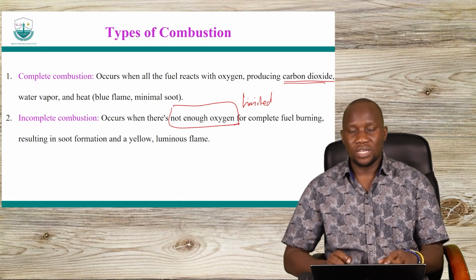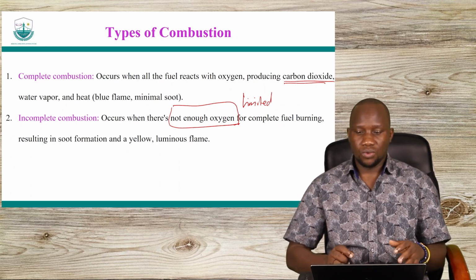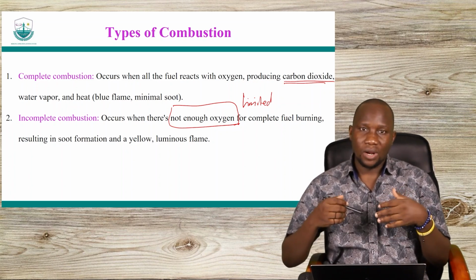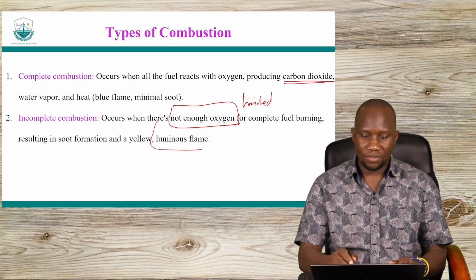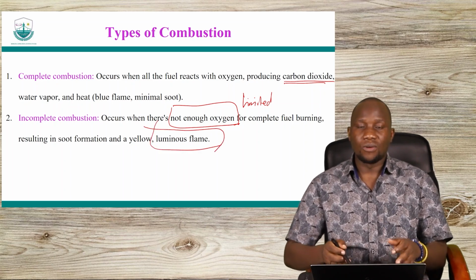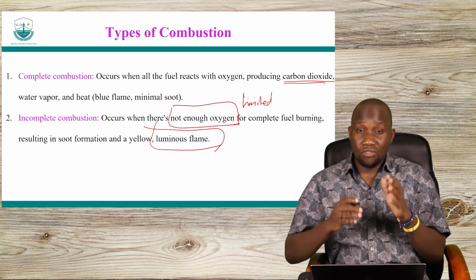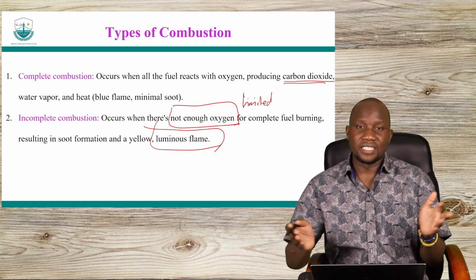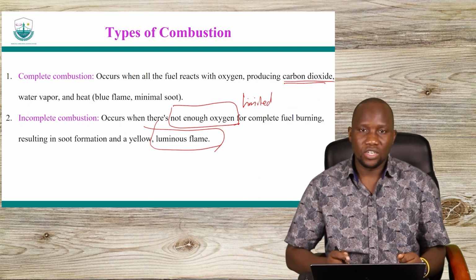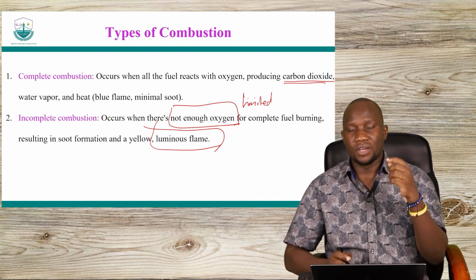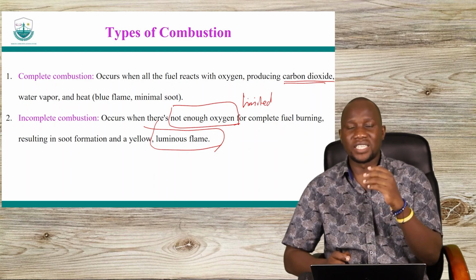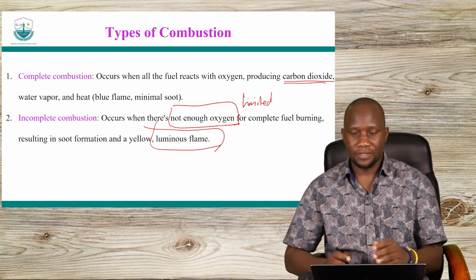Whereas for incomplete combustion, it gives you more light, which we call a luminous flame. That yellow flame that comes out gives out more light but less heat energy. For complete combustion, you have a blue flame, limited light but a lot of heat.